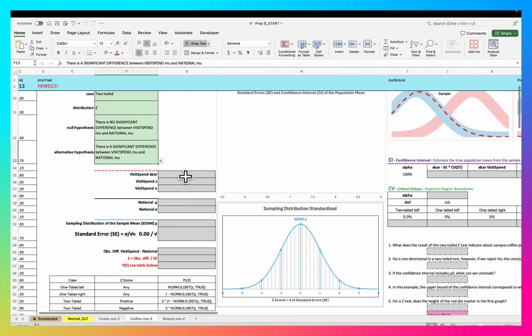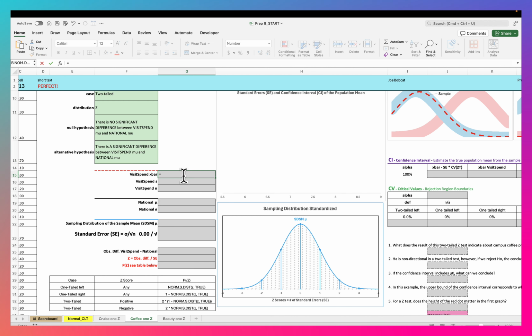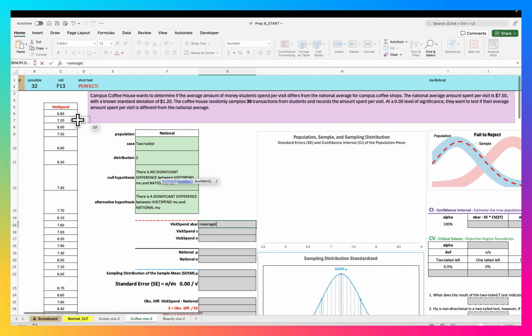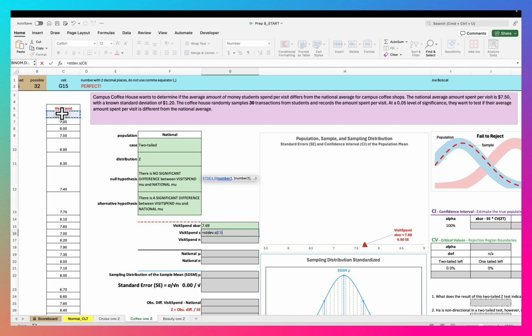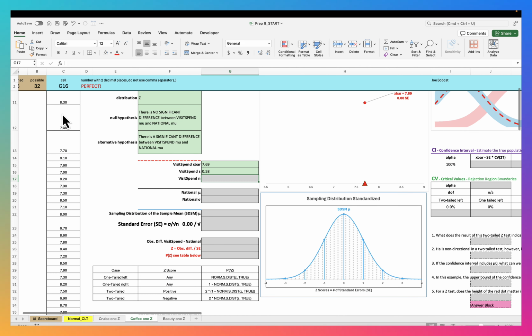So let's see what's going to happen here. All right, so let's calculate our X bar. It can be the average of all these values over here. Standard deviation, and the count.